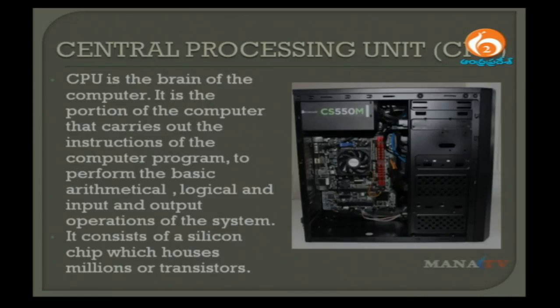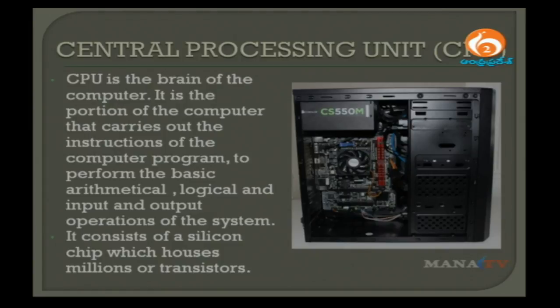Now let me show you the CPU and its components. If you can see the slide here, we have the Central Processing Unit, CPU. The CPU is the brain of the computer. It is the portion of the computer that carries out the instructions of a computer program to perform the basic arithmetical, logical, and input and output operations of the system.